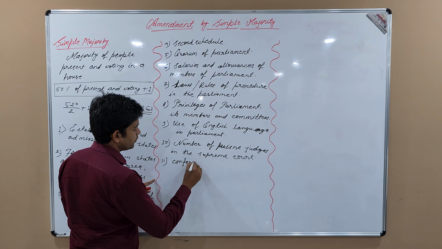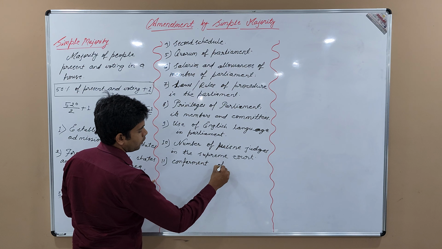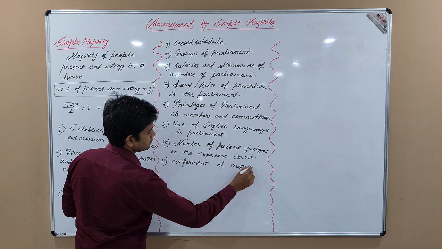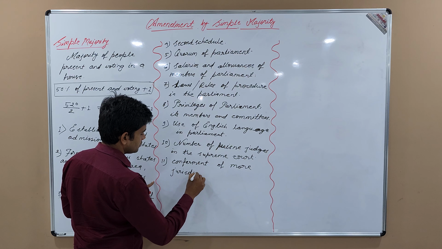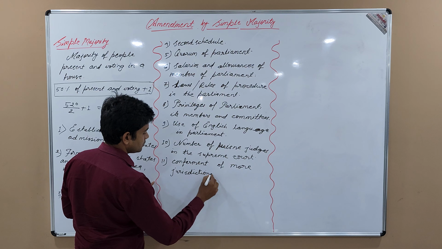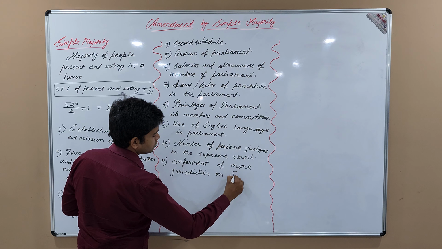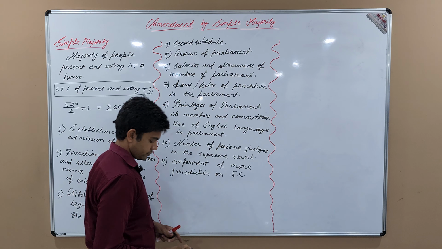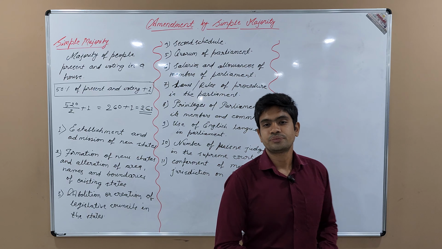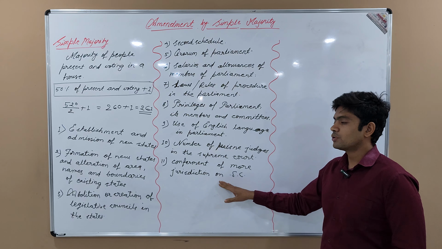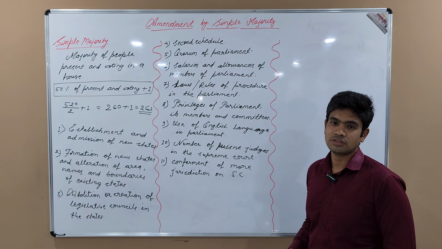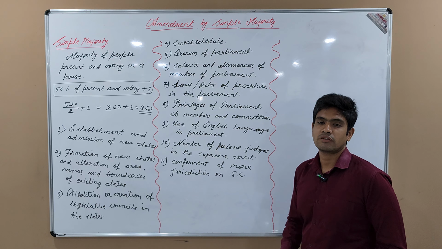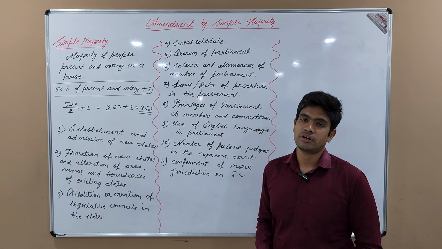Another is conferment of more jurisdiction on Supreme Court. So if the parliament wishes, they can increase extra jurisdiction or they can increase the power of the Supreme Court by simple majority.